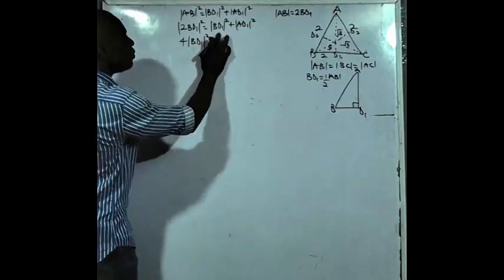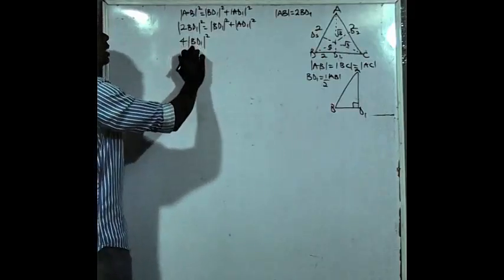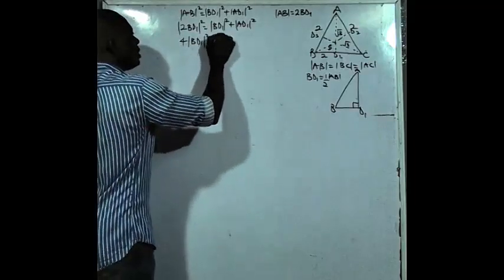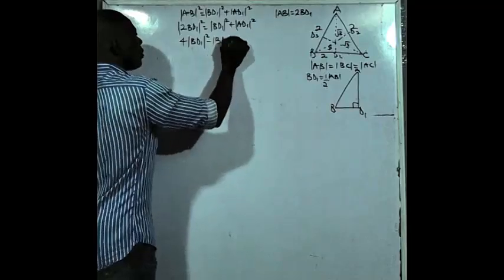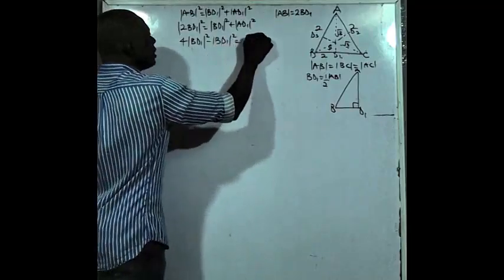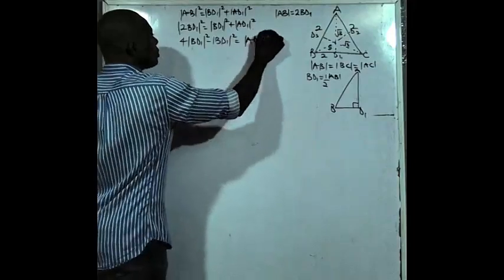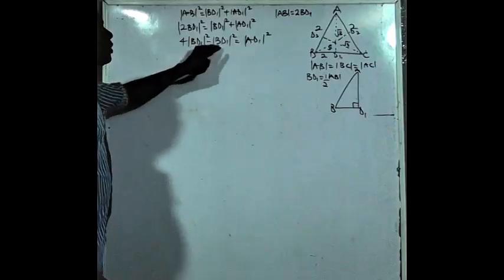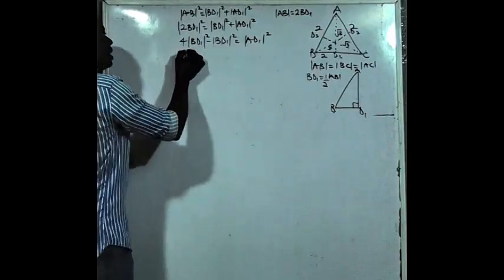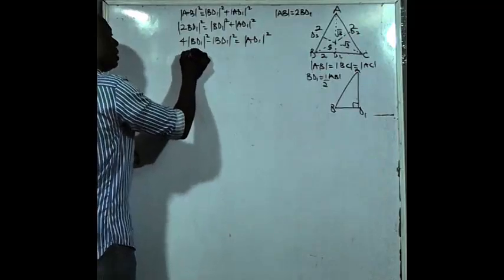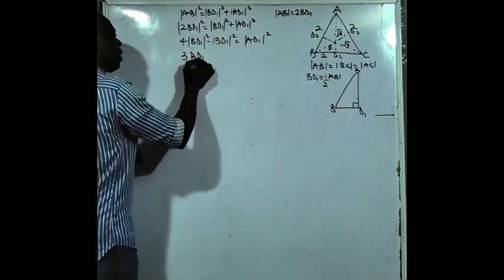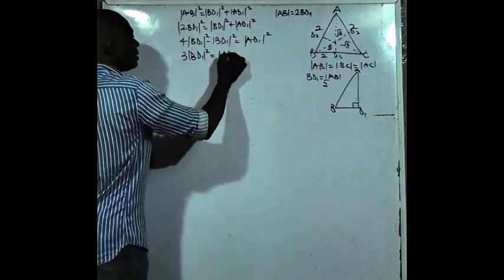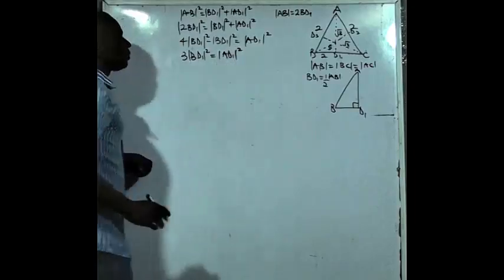Then quickly let's move this BD1 square to the left hand side. This becomes minus the line BD1 square is equal to the line AD1 square. Now 4 BD1 square minus BD1 square, what is left is 3 BD1 square is equal to the line AD1 square.